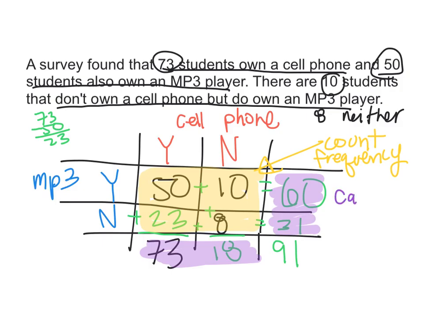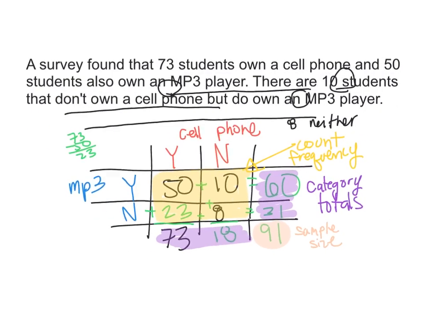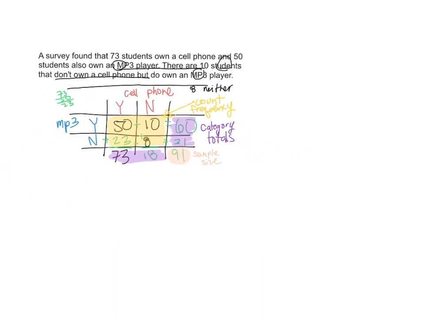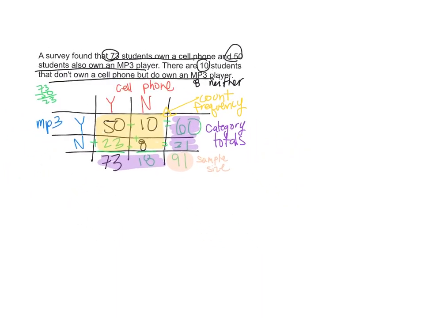These are my category totals. And this is going to be my sample size. So now that I have all my stuff organized, it's going to get a little confusing, but just follow along.